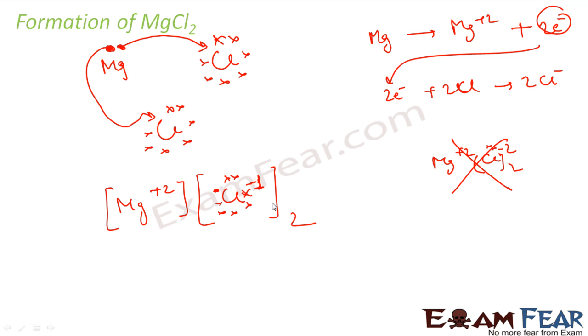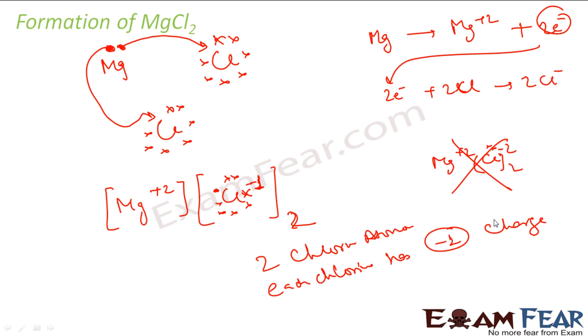Each chlorine atom has minus 1 charge, and there are 2 chlorine atoms. Magnesium is plus 2 and there is 1 magnesium atom. Correct?